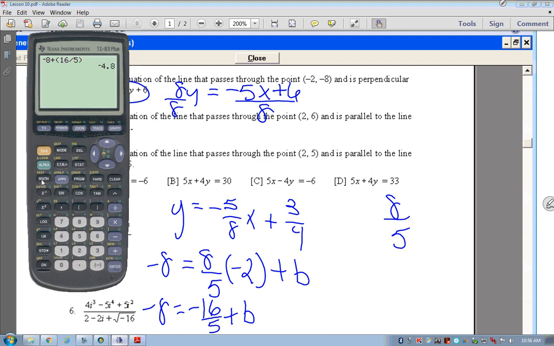That's giving me -4.8, which is -24/5. So the equation of my line is y = 8/5 x minus 24/5.